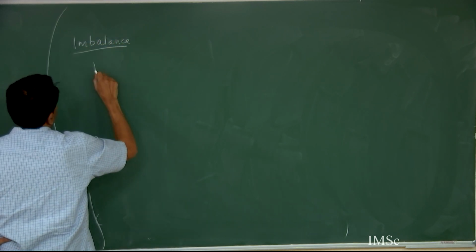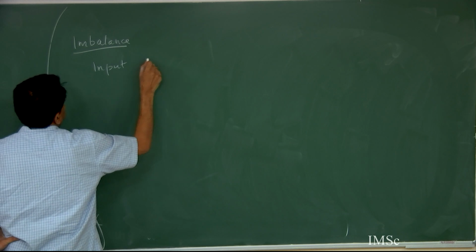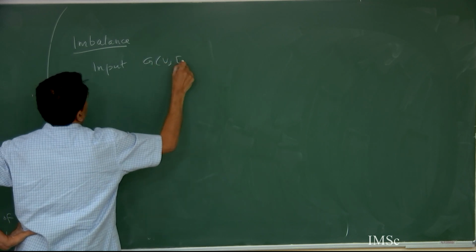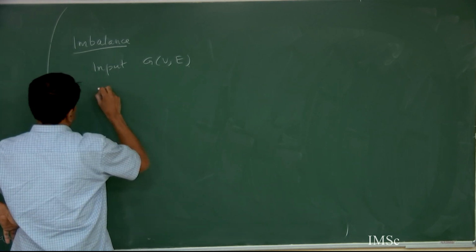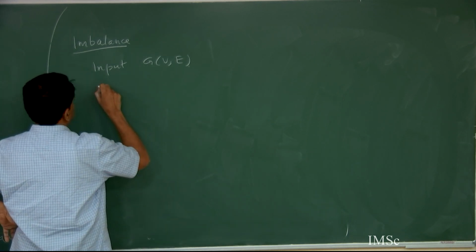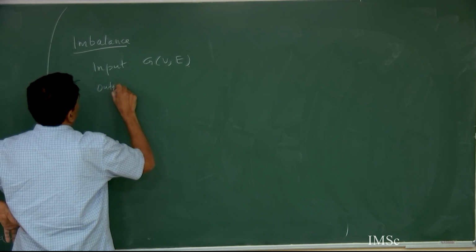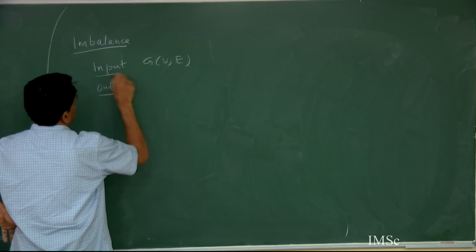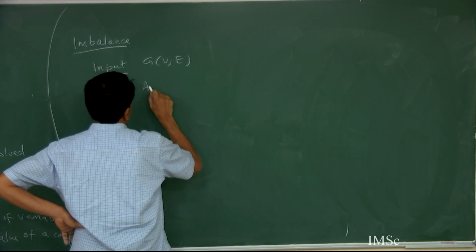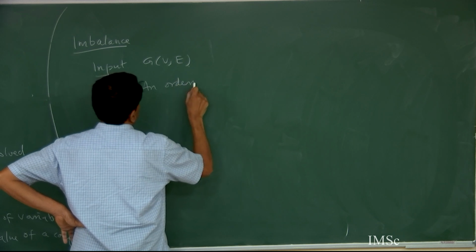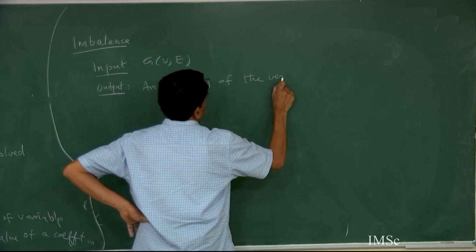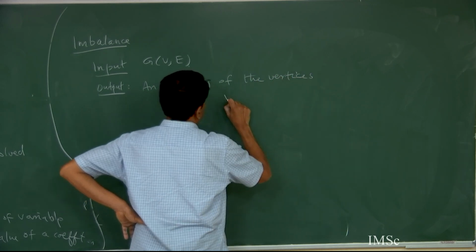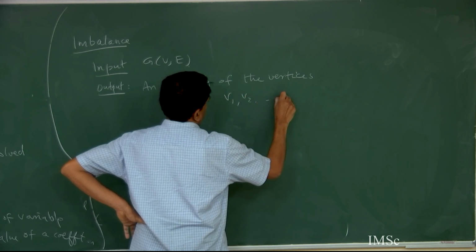So what is the problem? You are given an input G. What we want is some ordering of the vertices, let's call it V1, V2, ..., Vn.